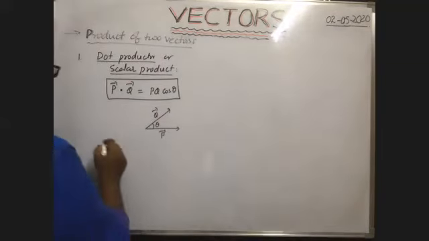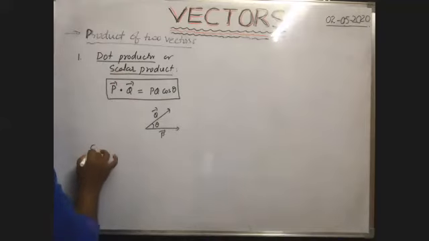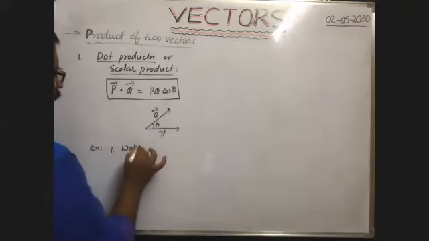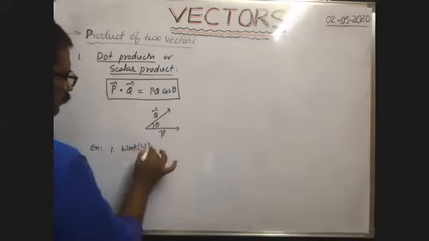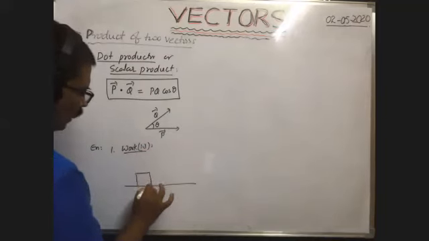Now we have to discuss some examples where this dot product is applicable. One, work. Suppose there is a block kept on a smooth horizontal surface.